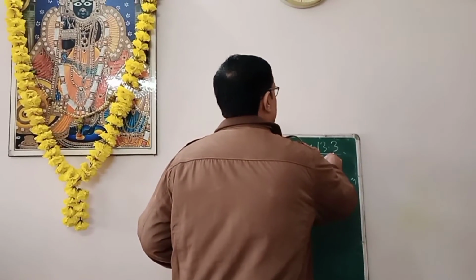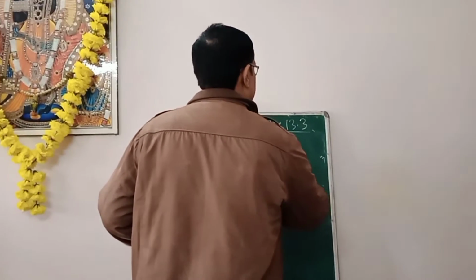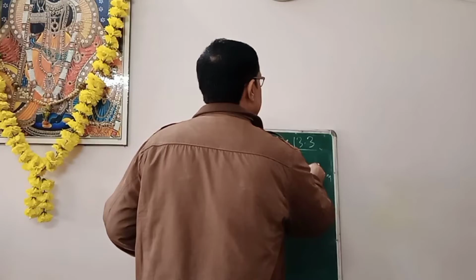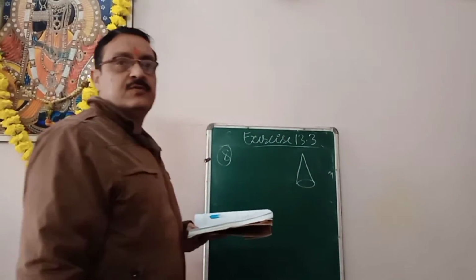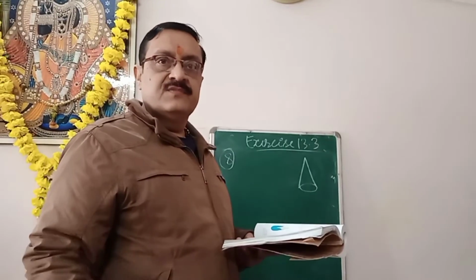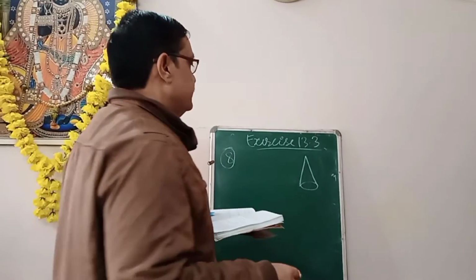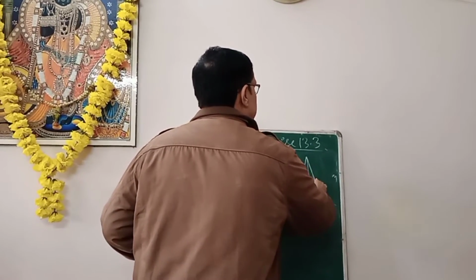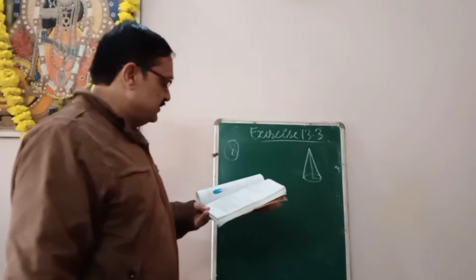So, all of us have seen a structure like this kept on roads to prevent traffic from going in a particular way. These cones are to be made. And what is given about this cone?